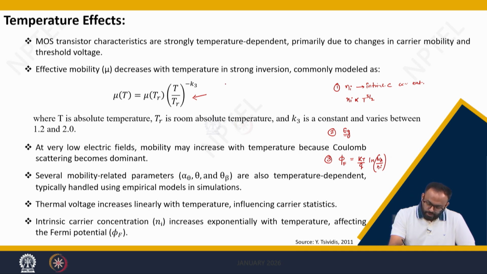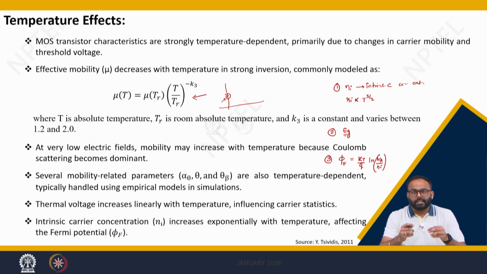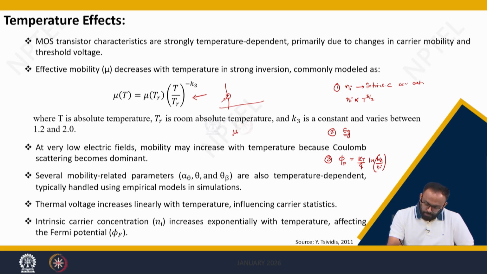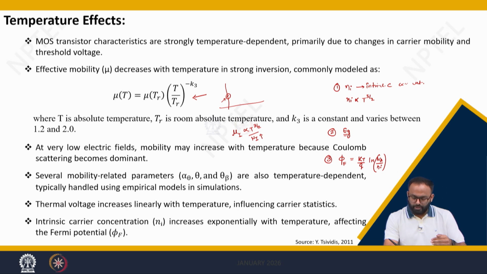For example, when you are at very low field, we said that Coulomb scattering will dominate, and at that end experiments suggest that the mobility increases, which means the mobility is given by T to the power of 3 by 2 divided by Ni, which is impurity scattering dominant mobility, right. Here if you increase the temperature, the mobility increases. Yes, if you increase the impurity concentration, the mobility will decrease.